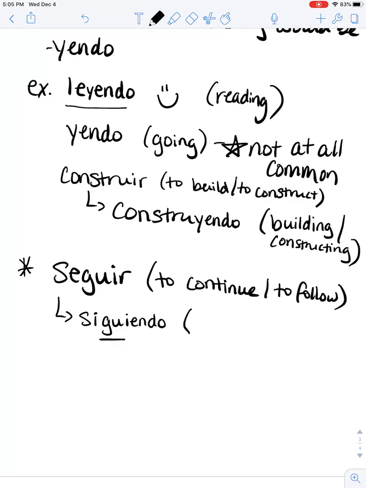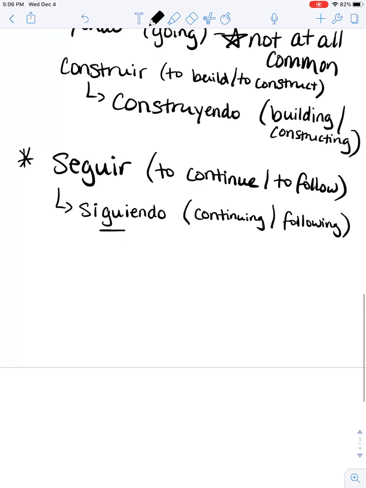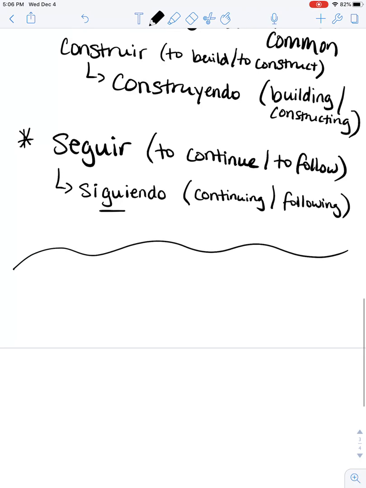And this would mean continuing, following. So that is your I to Y.